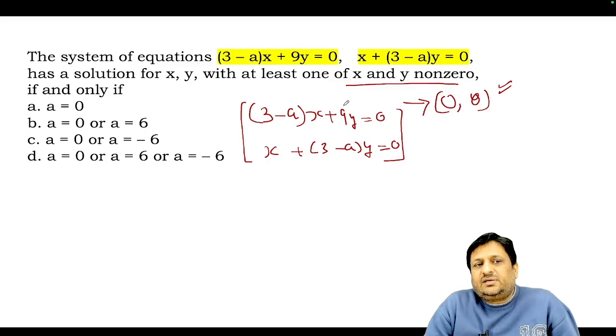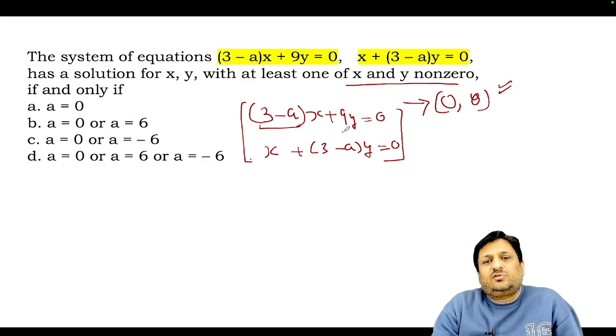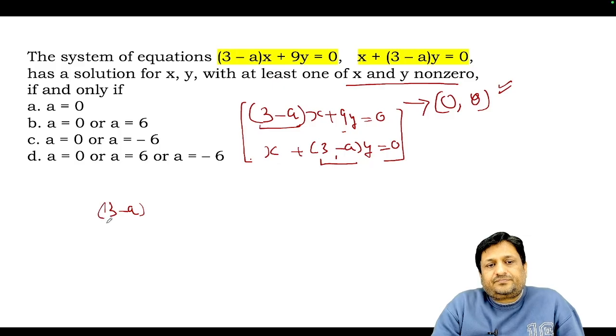And if the system has infinite solutions, the ratio of the coefficients of x must be equal to the ratio of the coefficients of y. It means (3 minus a) divided by 1, the ratio of the coefficients of x, must be equal to 9 divided by (3 minus a), isn't it?